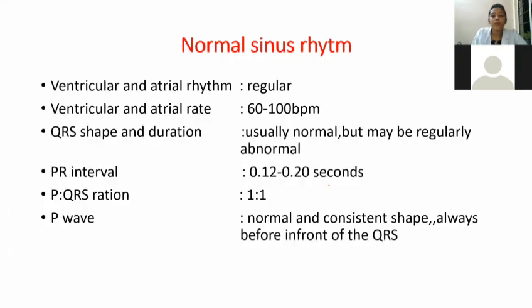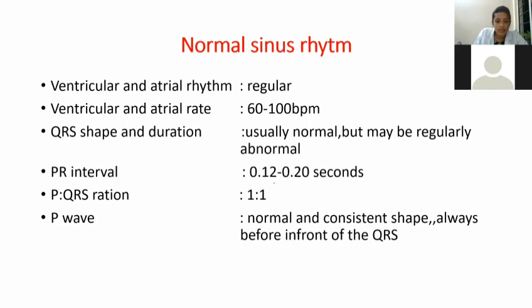So what is a normal sinus rhythm? When can we say that an ECG is following a normal sinus rhythm? When the ventricular and atrial rhythm is regular, and the ventricular and atrial rate is between 60 to 100 beats per minute. The QRS shape and duration will usually be normal, but it can be regularly abnormal also.